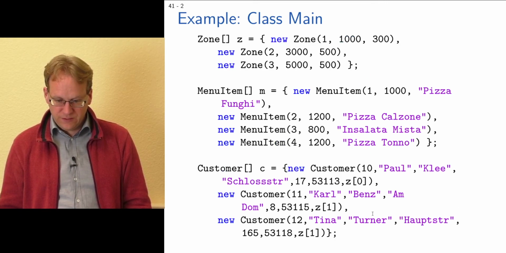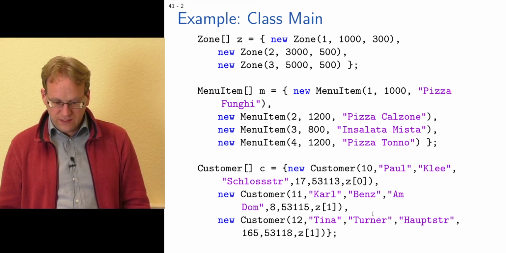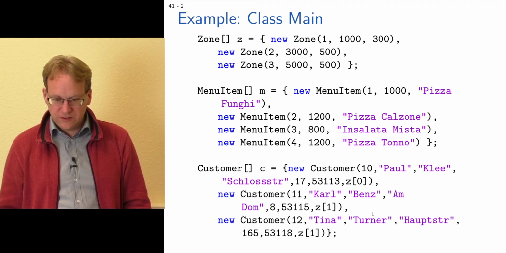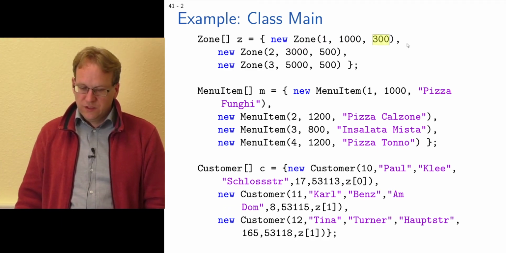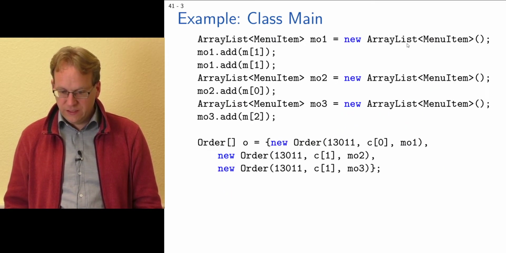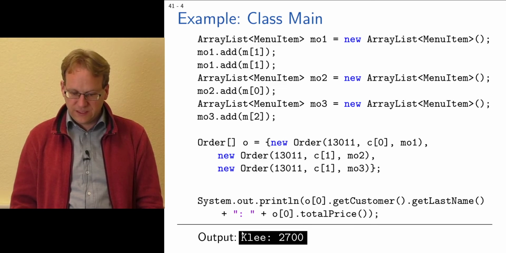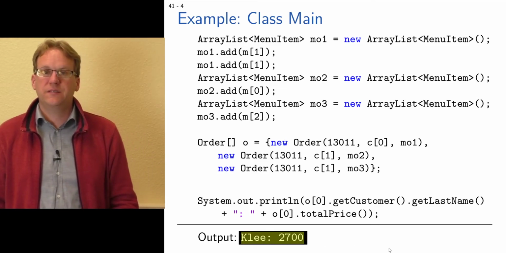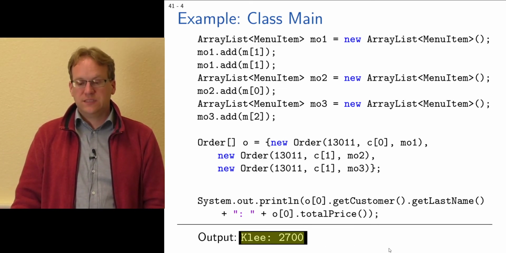And if we look here, pizza calzone has a price of 12 euro, and Paul Klee lives in zone number 1 with 3 euro delivery cost. So it's 12 plus 12 plus 3, which is precisely what I see as output, namely this 27 euro.